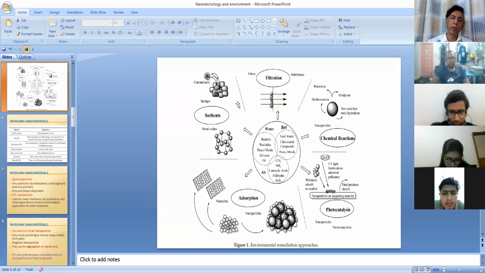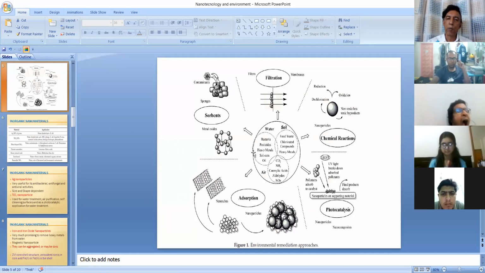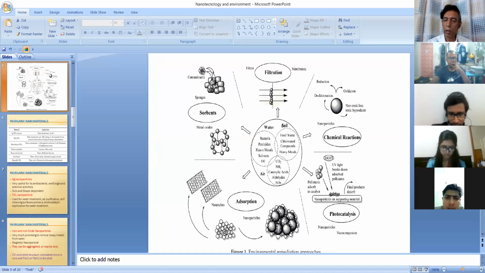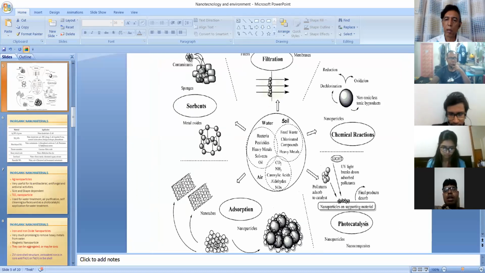Now, where can we use the nanomaterial? You see the water. This is our main source of pollution or contamination.